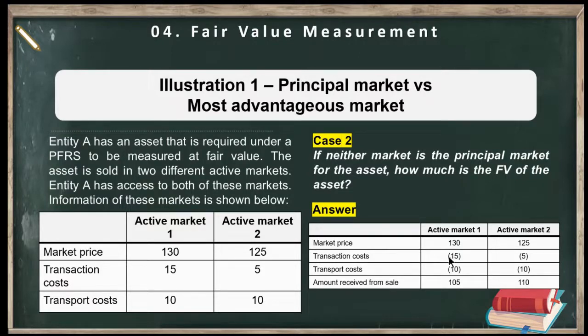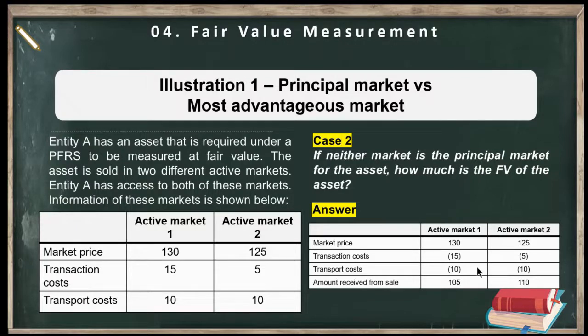So we will include in the computation our transaction costs. So we have for market 1, 130 minus 15 minus 10, that would be 105. Then active market 2, 125 minus 5 minus 10, that's 110. So therefore, which of the two is our most advantageous market?